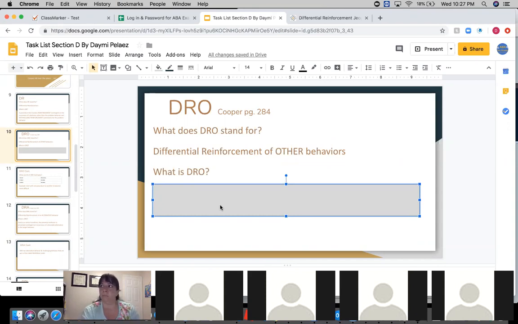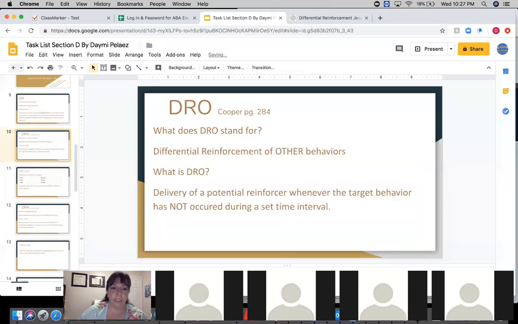So it's reinforcement given when any behavior other than the target behavior is emitted. Correct. Perfect. And then in Cooper, it says delivery of a potential reinforcer whenever the target behavior has not occurred during a set interval. So that is specific on a certain amount of time.